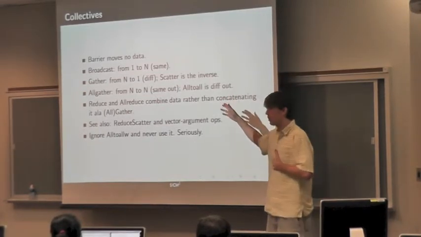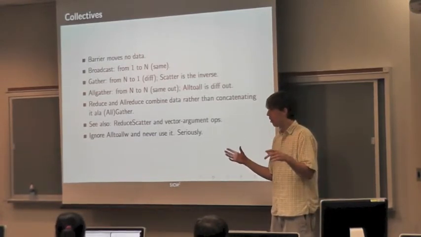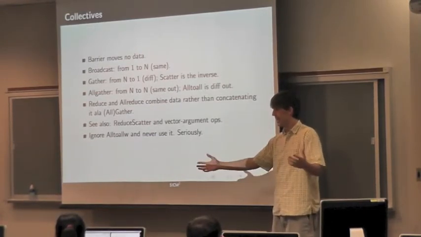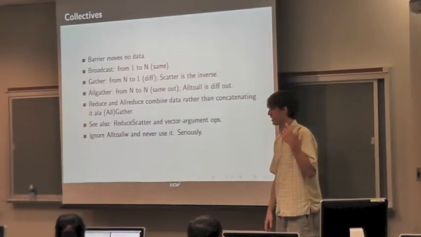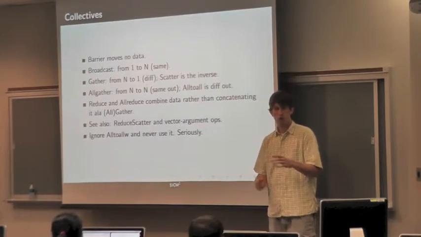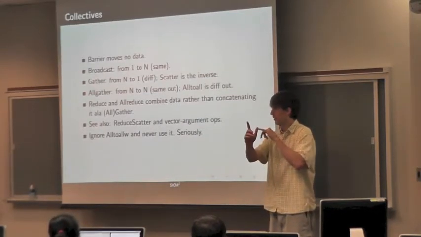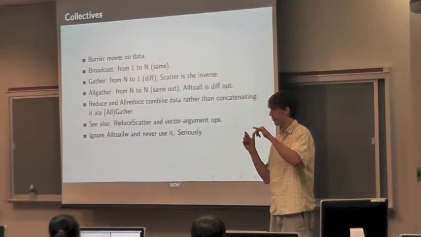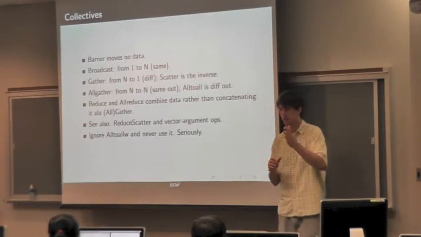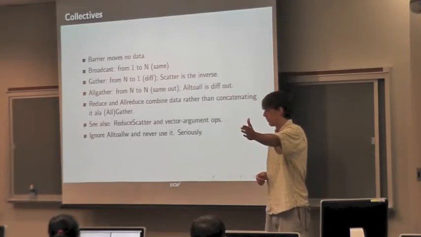Now, all to all is all gather only where you have different output. It's sort of end to end. Think about a fast Fourier transform or a matrix transpose. If you're doing a matrix transpose with column major with distributed data, you want to do a transpose. I own all of vector 1, right?